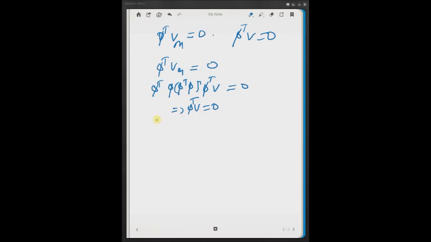Hence, thus P projects V onto the span of the columns of phi. So thus P is a projection matrix.